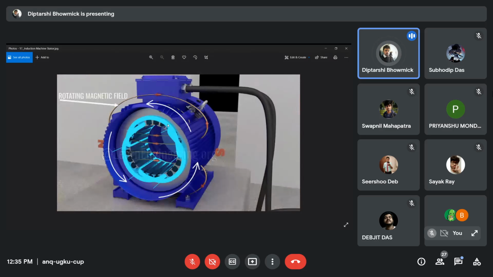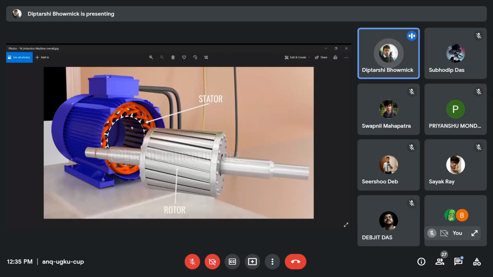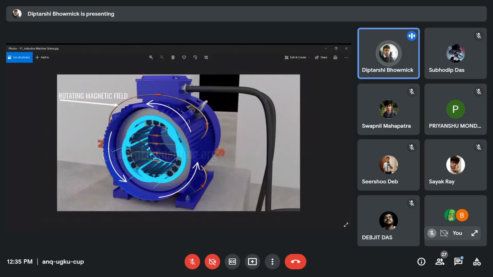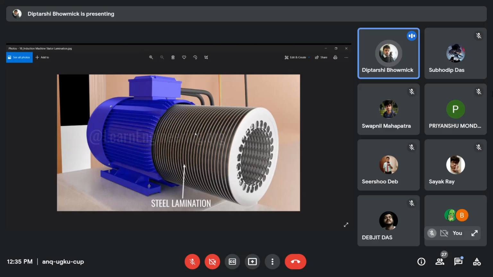See, in this picture, you can see that these are the stator windings placed over there. In this picture also you can see that this is the stator. These are the slots. This is the teeth. Windings are placed inside the slots like that. But these are also laminated, and the laminations look like this. These are the laminations, the thin plates. They are stacked together, and then the stator core is actually formed.